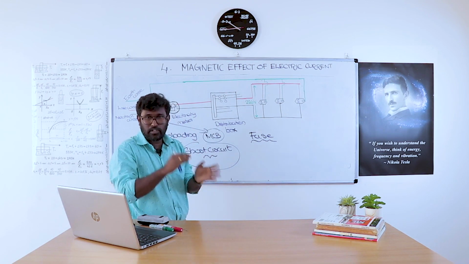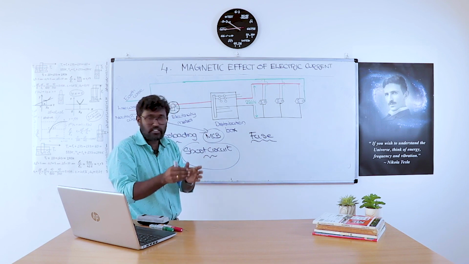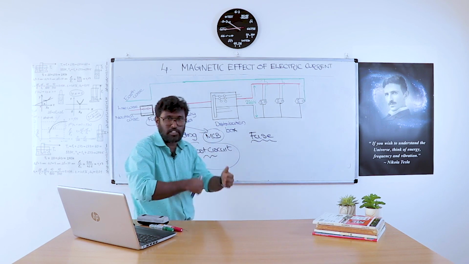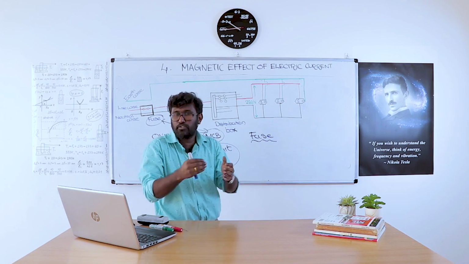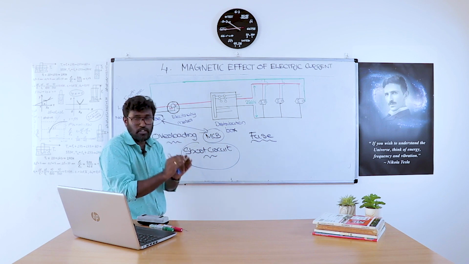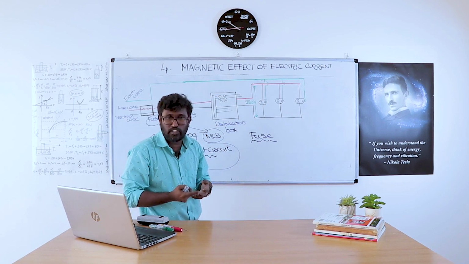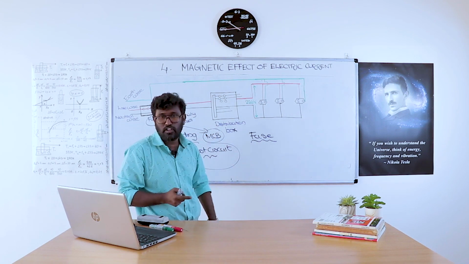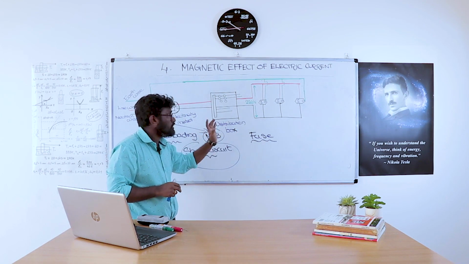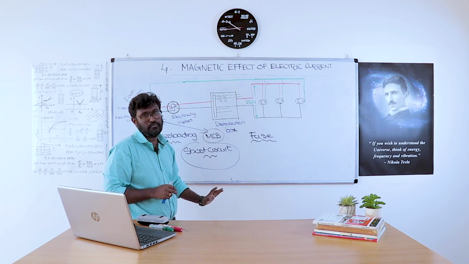That's why the circuit is safe. Nowadays, in place of fuse, we use MCB. The main difference is that fuse works on the basis of heating effect of electric current, and MCB works on the basis of magnetic effect of electric current. That's all about the domestic electric circuit.